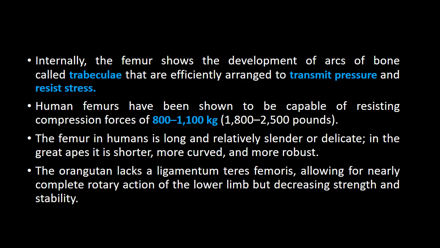The femur in humans is long and relatively slender or delicate. In the great apes, it is shorter, more curved and more robust. The orangutan lacks a ligamentum teres femoris, allowing for nearly complete rotatory action of the lower limb but decreasing strength and stability.